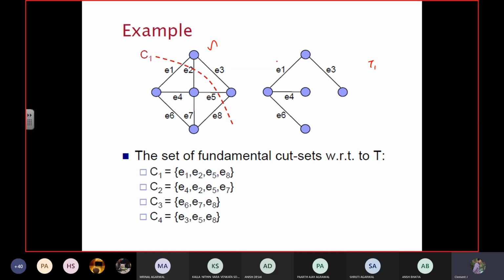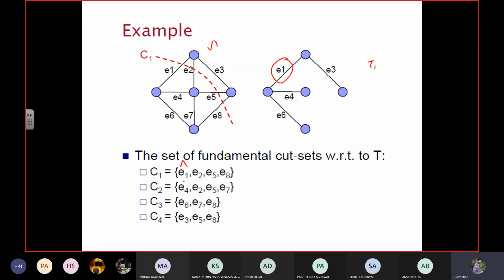See here, one branch. Branch means an edge of the spanning tree is called a branch, right? So for each branch of the spanning tree, you will be able to derive one cut set. For example, look at these cut sets. They have given 4 cut sets. In all the 4 cut sets, see here, in your cut set 1, you have the edge E1.